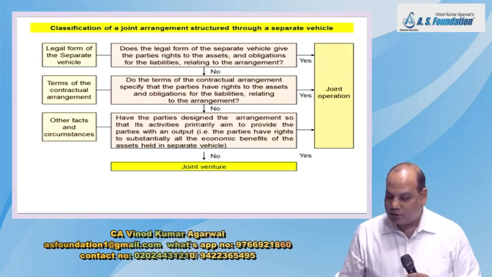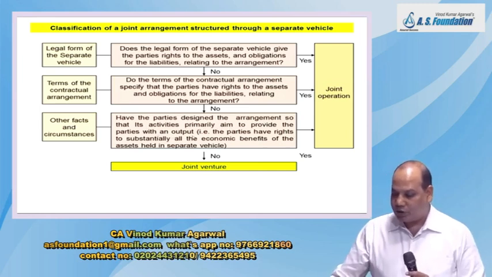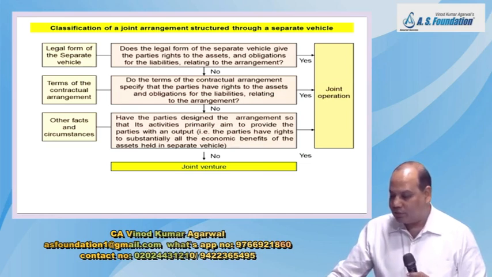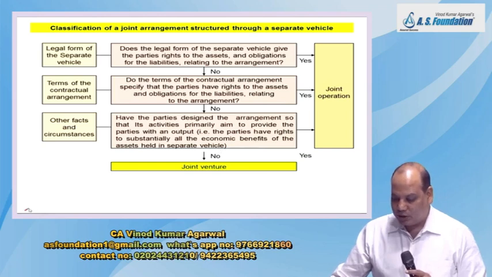Have the parties designed the arrangement so that its activities primarily aim to provide the parties with an output, that is, the parties have right to substantially all the economic benefit of the asset held in a separate vehicle? Like in the case of oil pipelines, it happens that they will be entitled to all the outputs.